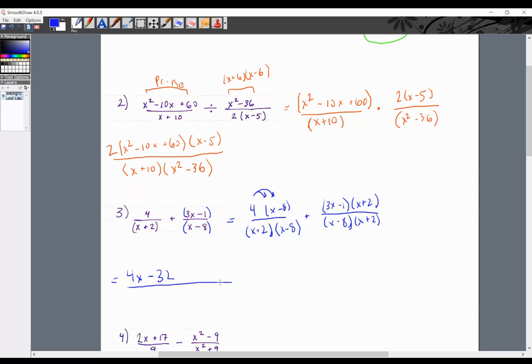I'm going to draw a big fraction bar here. Plus, let's go ahead and FOIL. So 3x times x, I got 3x squared. 3x times 2 plus 6x. Negative 1 times x, so minus x.